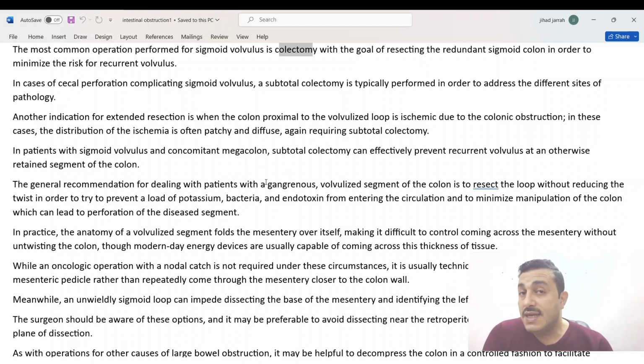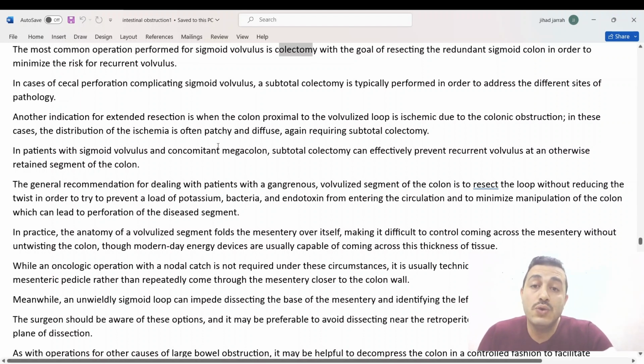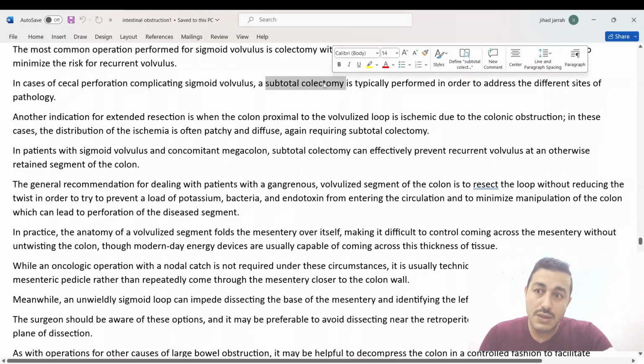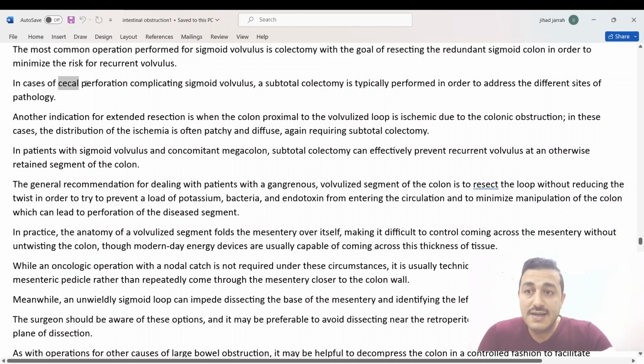Frequently, we will see a perforation or a pending perforation or venous ischemia at the cecum. In these circumstances, we have to proceed to subtotal colectomy. If the cecum is affected or there is evidence of ischemia proximal to the site of obstruction, proximal to the volvulized loop, we should proceed to subtotal colectomy.